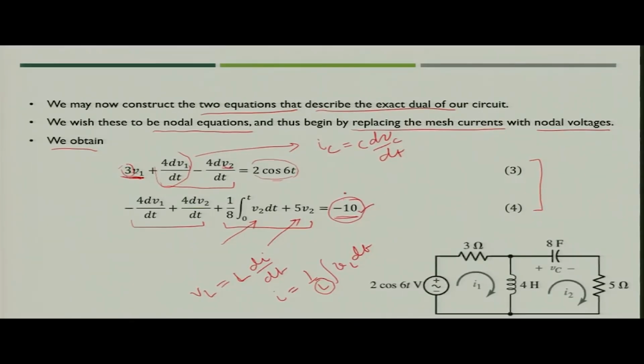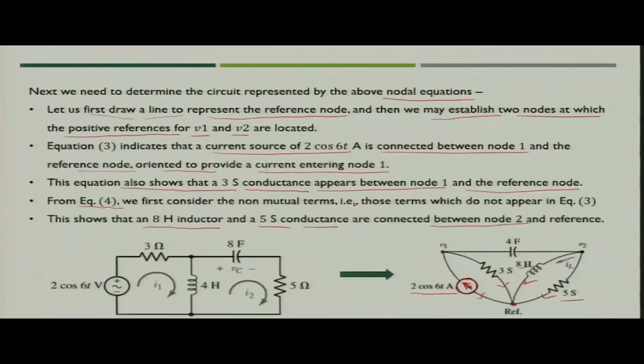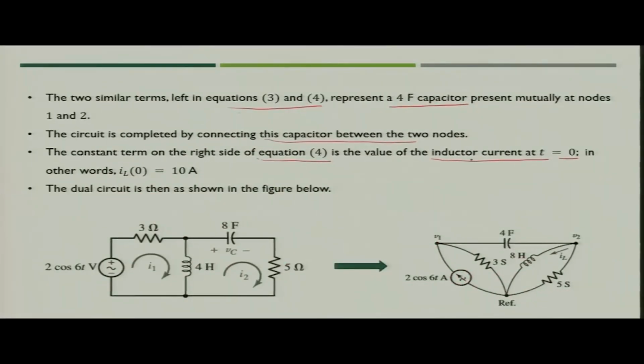So, in case of the dual, this would be the current through the inductor. We assume that this is again the initial case, because for the capacitor also we assumed the voltage across the capacitor at initial time t equal to 0. So, here also the value is inductor current at t equal to 0, and the value is 10 ampere. So, we represent the initial current I L at time t equal to 0.